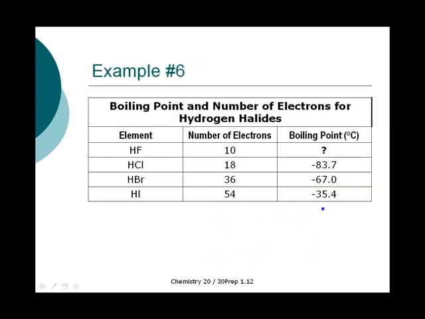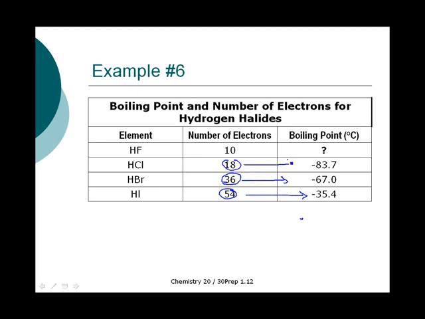So if we were to take a look at the hydrogen halides, we can see the same sort of pattern happening. Hydrogen iodide has the most electrons, so it boils at the highest temperature, minus 35, which is higher than minus 67. As we drop in the number of electrons, we boil sooner.